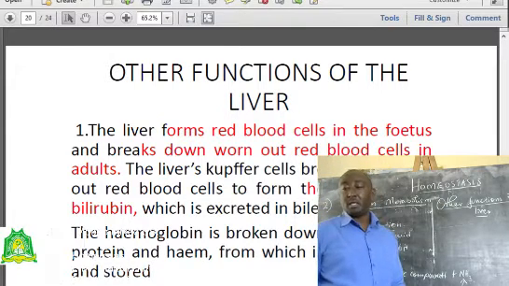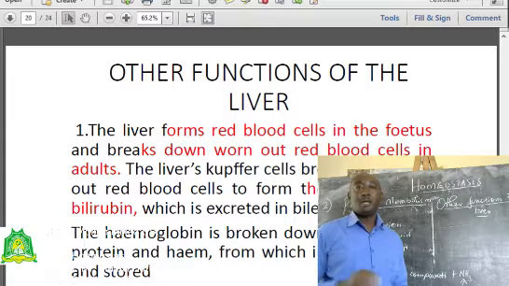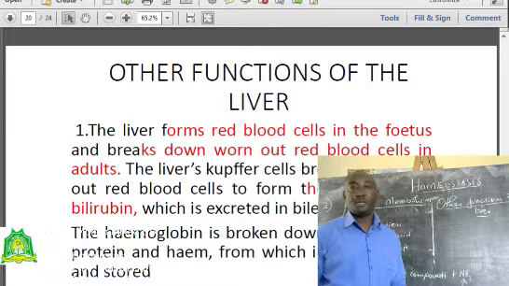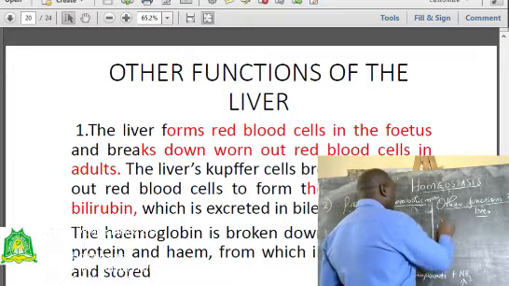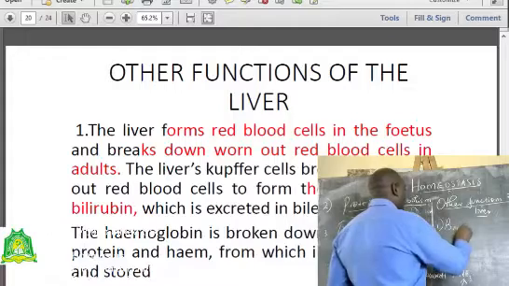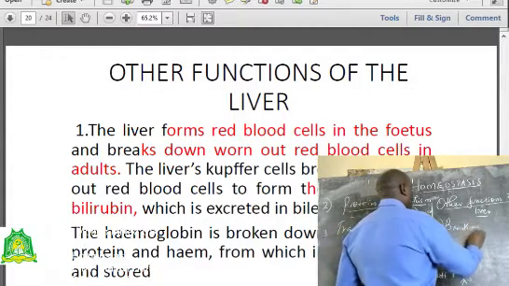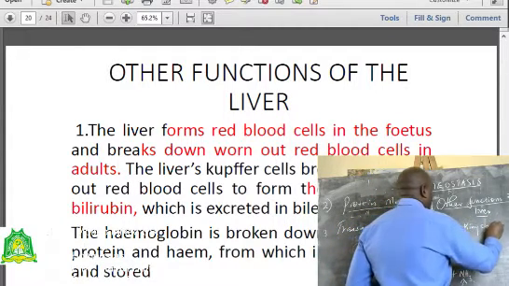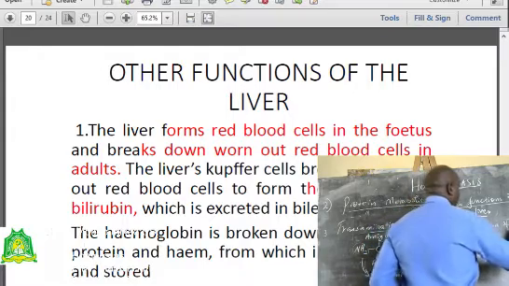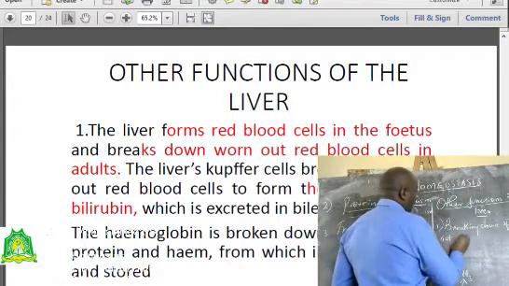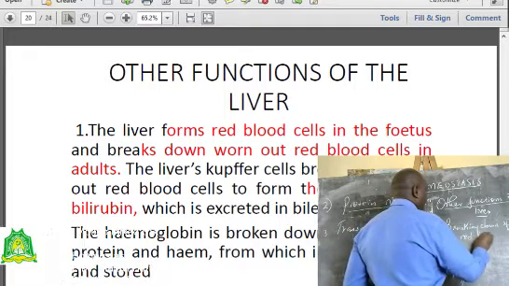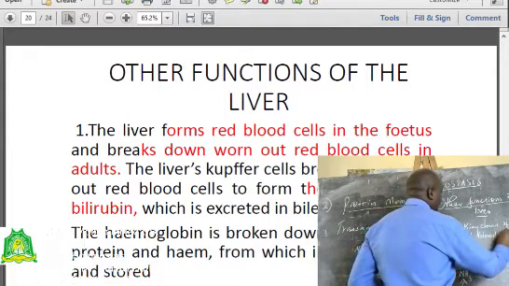Remember, we say that the liver performs a very important function of getting rid of the old red blood cells. That means the breaking down of worn out red blood cells.